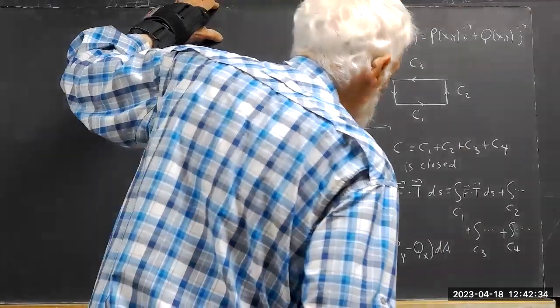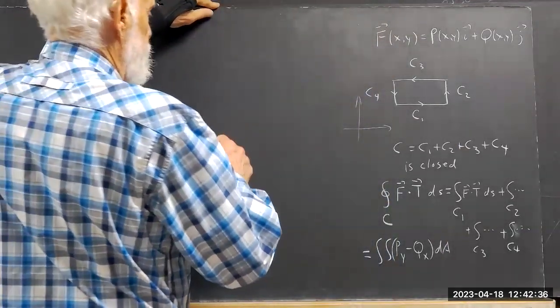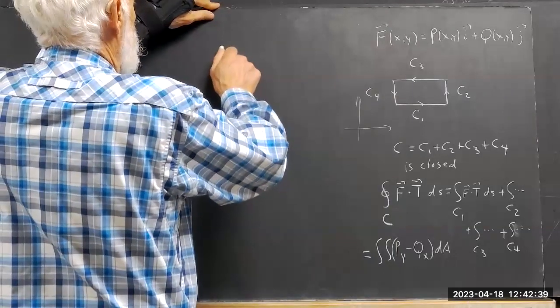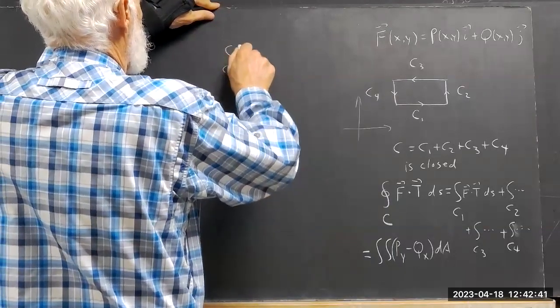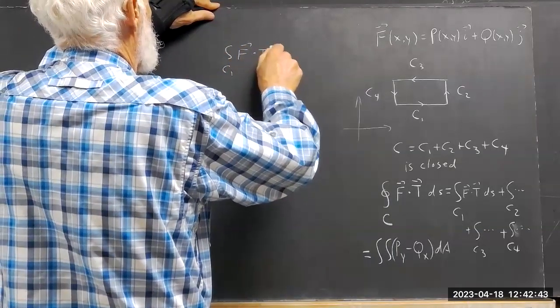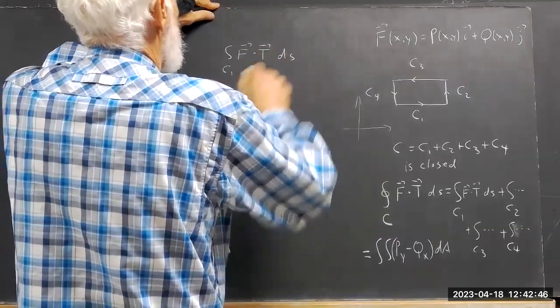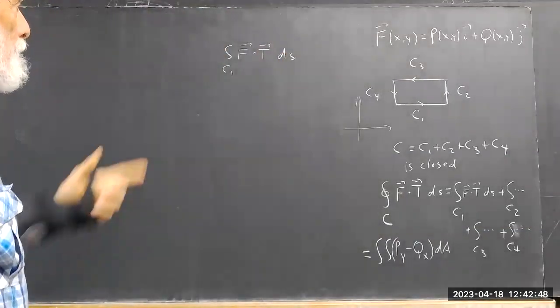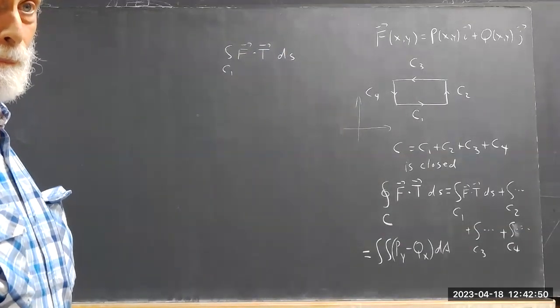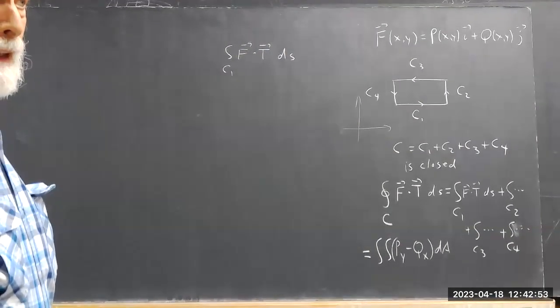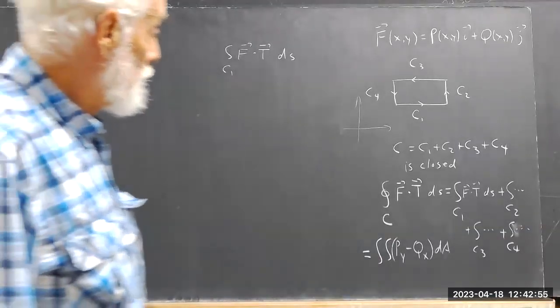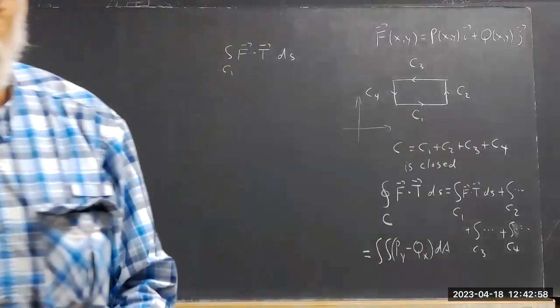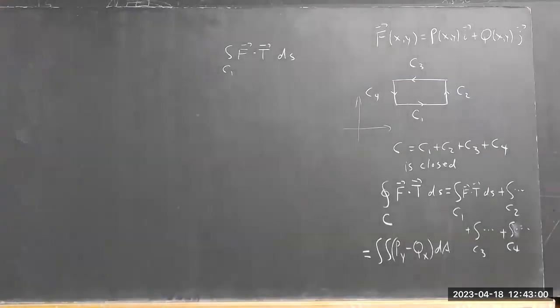Okay, let's look at what happens here. Let's just start with the integral of F dot T ds over C1. Now, what's a unit tangent vector on the curve C1?